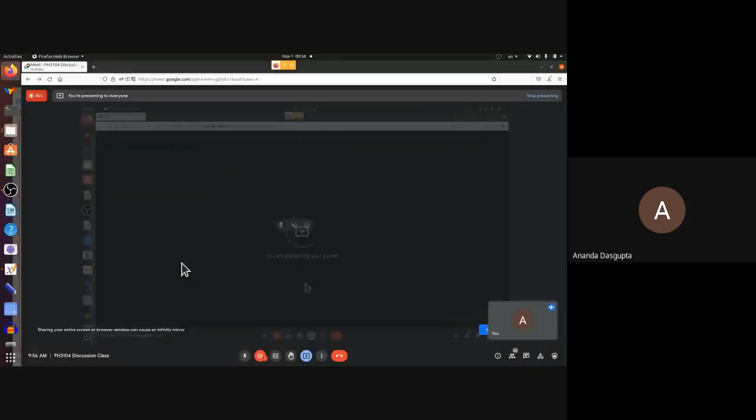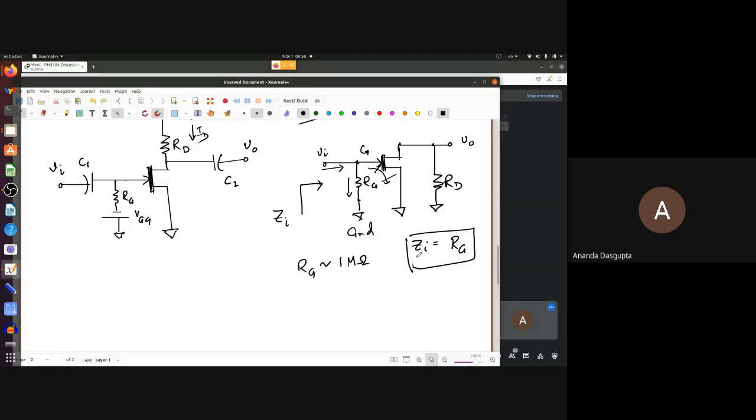Okay, I lost contact once again. But let's start. I hope you didn't miss much. Anyway, I've been repeating myself over the last few minutes. So everybody is clear about why Zi is RG and why RG should be of the order of 1 mega ohm or so.